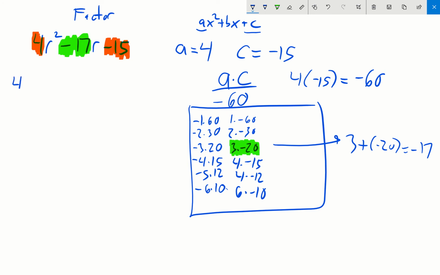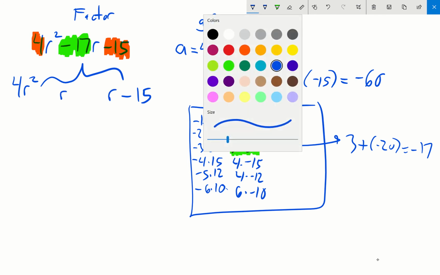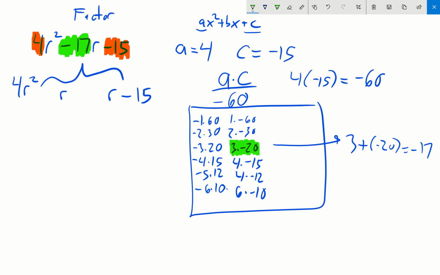From here, we're going to split apart the middle term. I leave the first term alone, I leave the last term alone, but instead of calling it a negative 17r, I'm going to call it a positive 3r and a negative 20r.